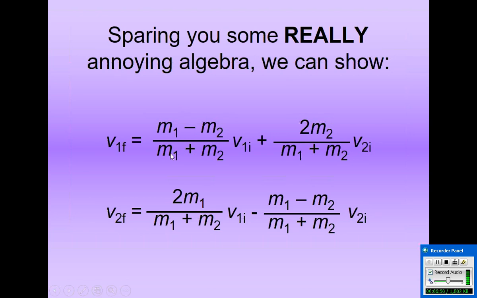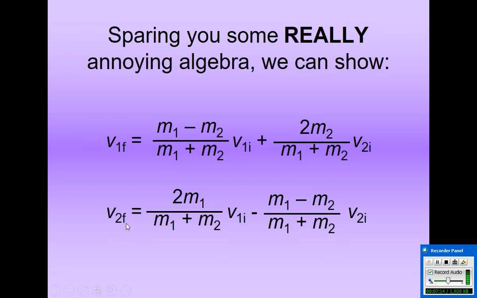And what we get for this first term is V1 initial. The second term, M1, is huge compared to M2. So the denominator is huge compared to the numerator, which means that this is virtually 0. So what we're left with is V1 final is equal to V1 initial.